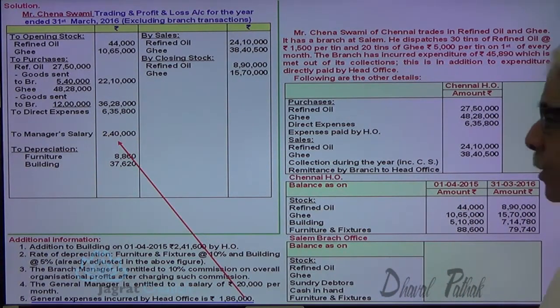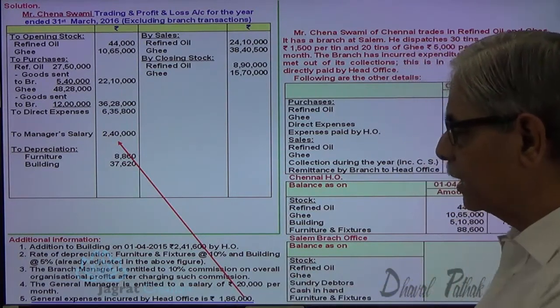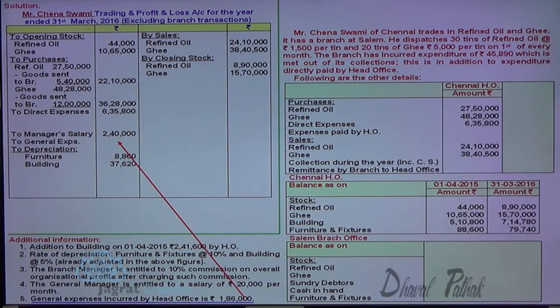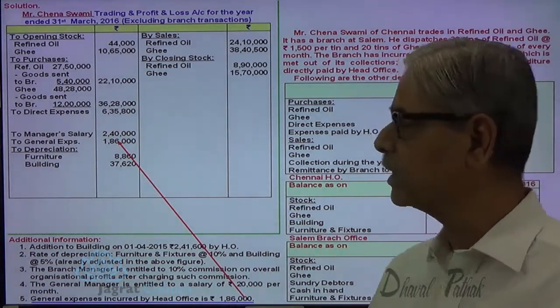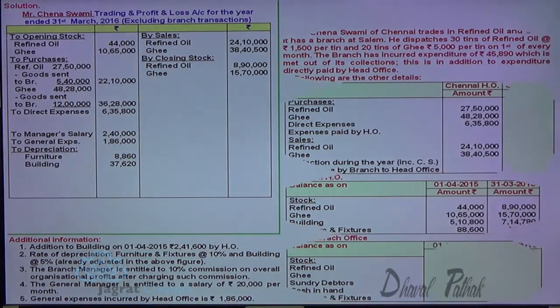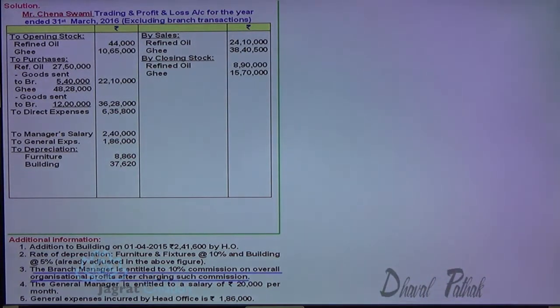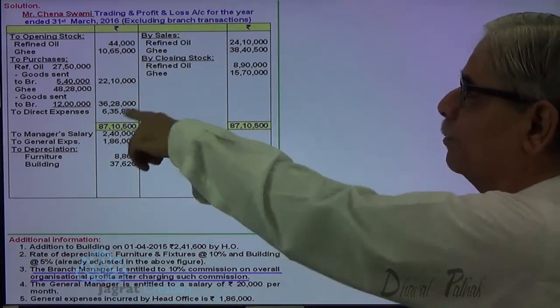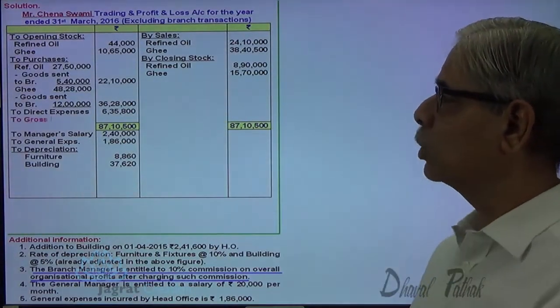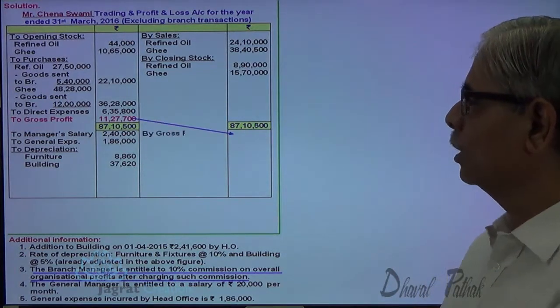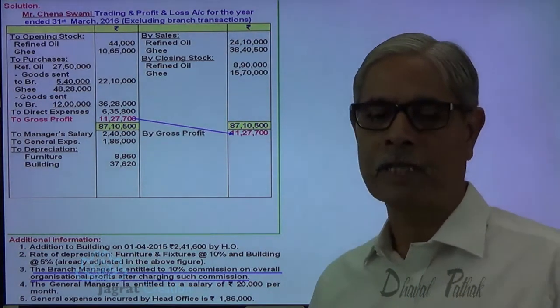Now, general expenses incurred by HO, debited to profit and loss account, 1,86,000. So the fifth adjustment is also considered. Now manager's commission is to be worked out. Before that, I find out the trading profit at HO. So total of credit side minus total of debit side is gross profit, transferred to the credit side of profit and loss account.